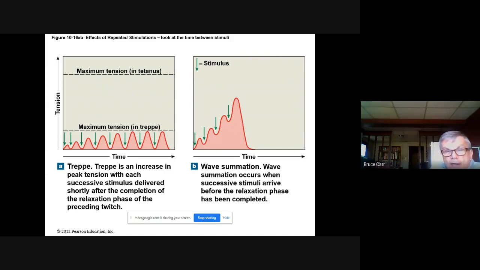Obviously, this is a very low load and a long duration, so these are Treppe contractions, which basically are sustainable over indefinite periods of time.